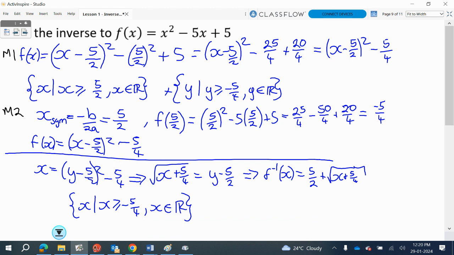But if we took the domain in the other direction from the vertex, let's say we restrict the domain to x is less than 5 over 2, we would take minus the square root. And sometimes it's good just to check with a value or two, if it's something more complicated. Put values in if you get two values, and see which one works.